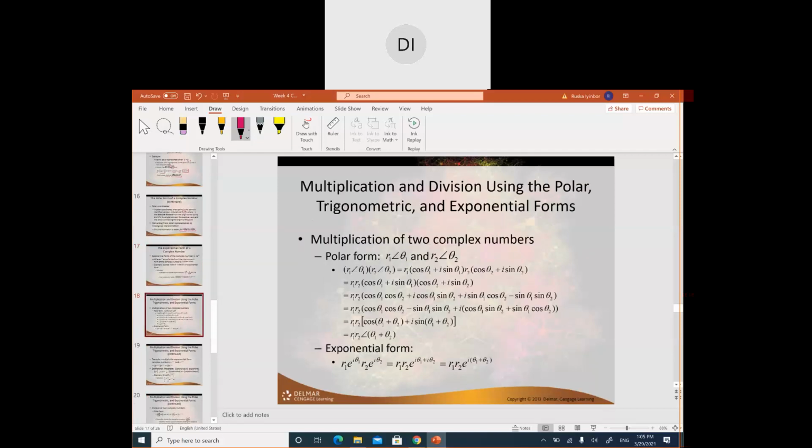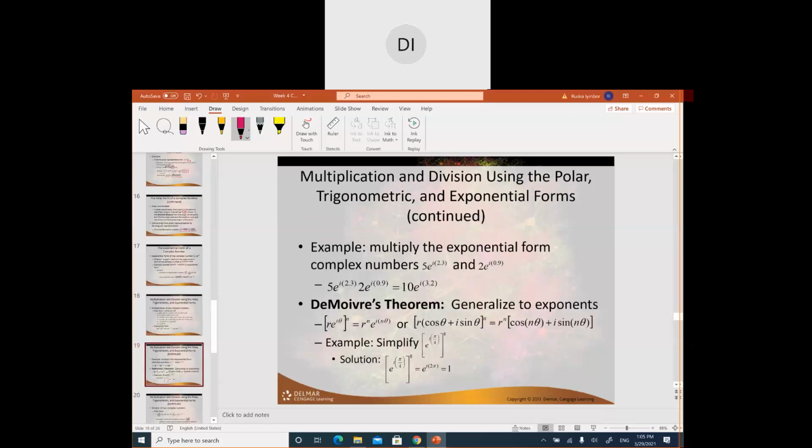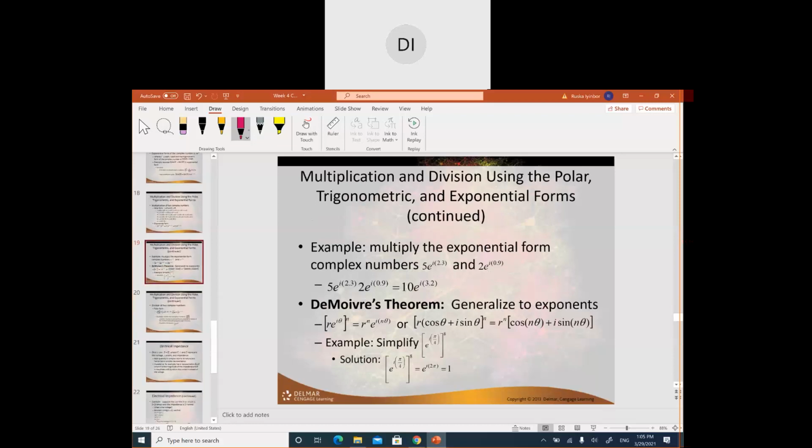Okay, and also there are some more applications. So we have polar form, which is easier, and here you have De Moivre's theorem, which also deals with exponents. We're just going to skip that.